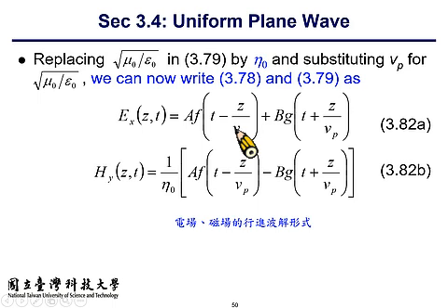So the magnitude of the ratio is still eta, the intrinsic impedance, for the negative going components. And notice that the square root of mu times epsilon is replaced by 1 over Vp, the velocity of propagation, for the electric field and magnetic field.